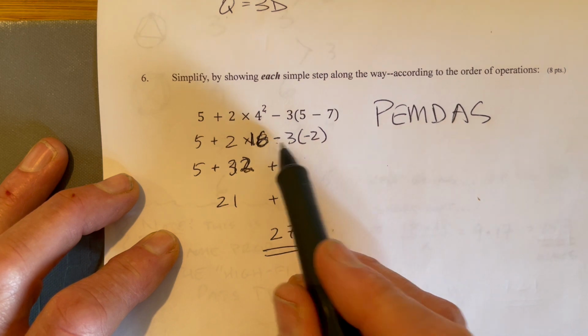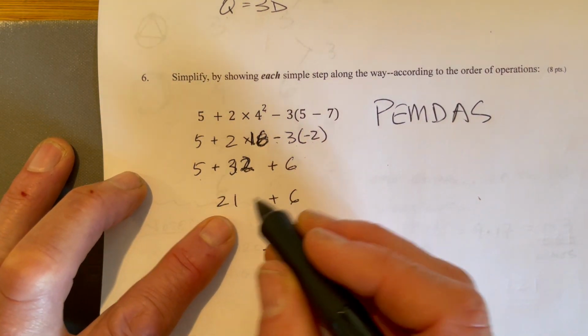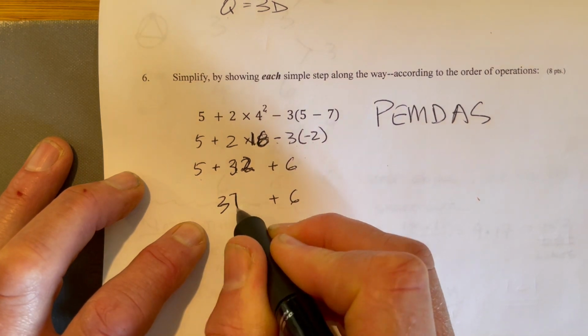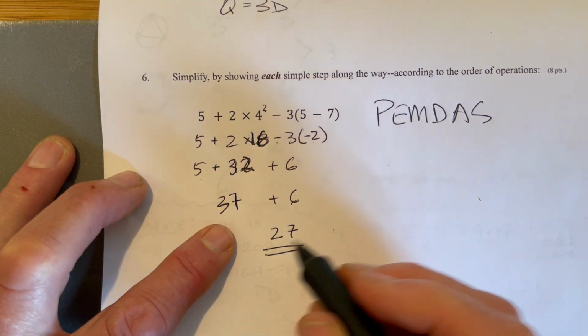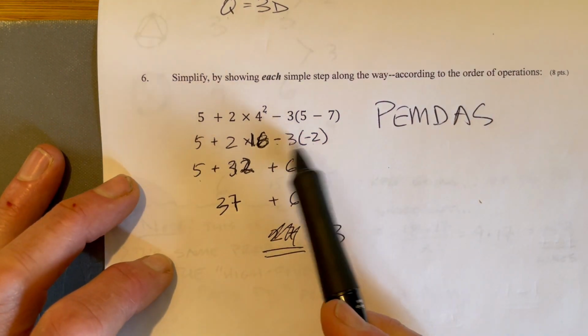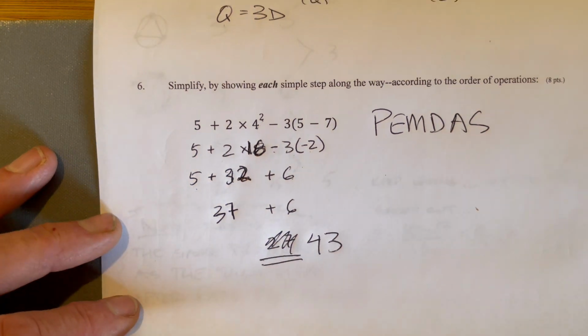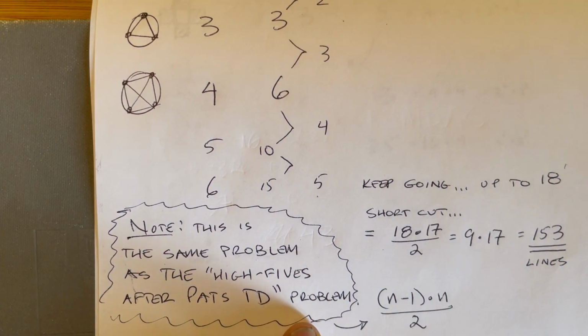Then that -3 times a -2 is +6. So then 5 plus 32 is 37. And 37 plus 6 is 43. Okay, so again, this is me going really too fast and then catching my mistakes when I check it over. Please check over your tests. That's a very good rule to live by.